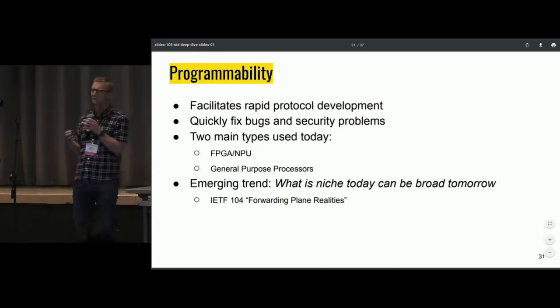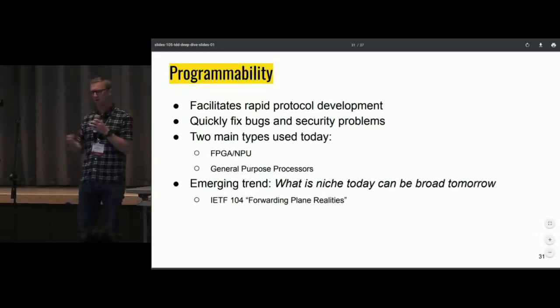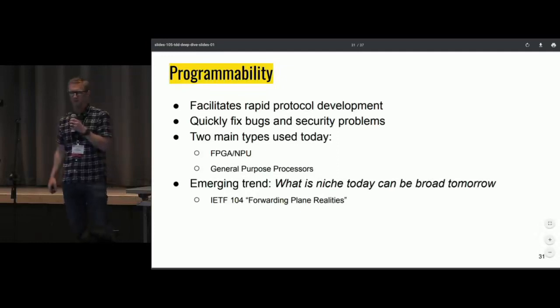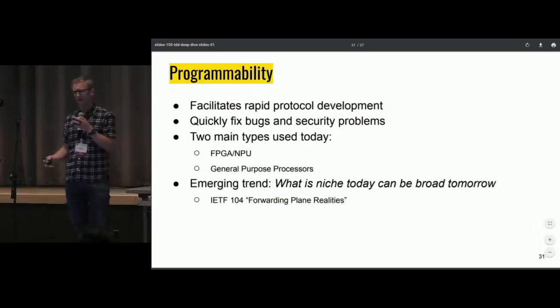What if we just live with the old one? So programmability gives you the option to offload those operations to hardware and still get the efficiency you want in the new protocols. The other obvious one is to quickly fix bugs and security problems.